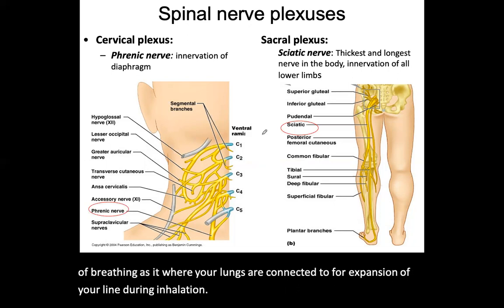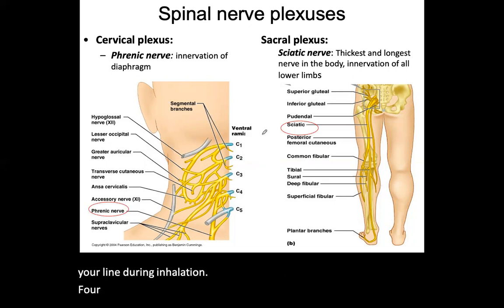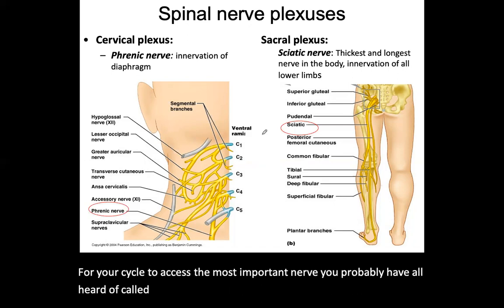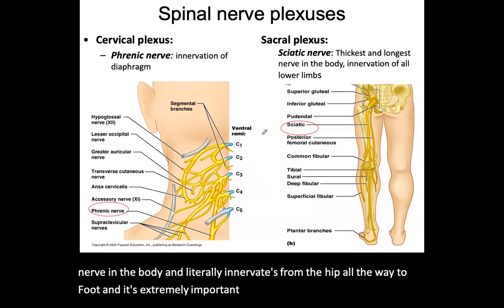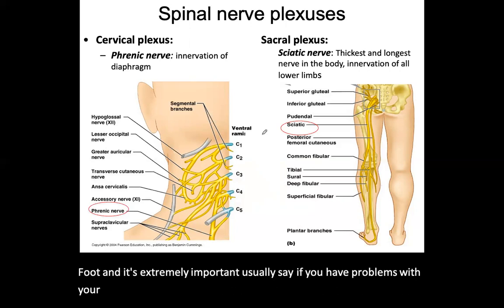For your sacral plexus, the most important nerve you have probably all heard of is called the sciatic nerve. Sciatic nerve is the thickest and longest nerve in the body and literally innervates from the hip all the way to the foot. And it's extremely important. Usually I say if you have problems with your legs, there is a really good chance that the issue is associated with the sciatic nerve.